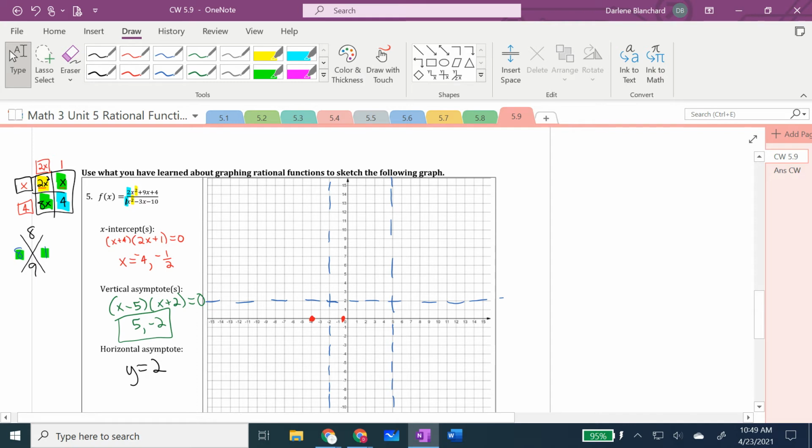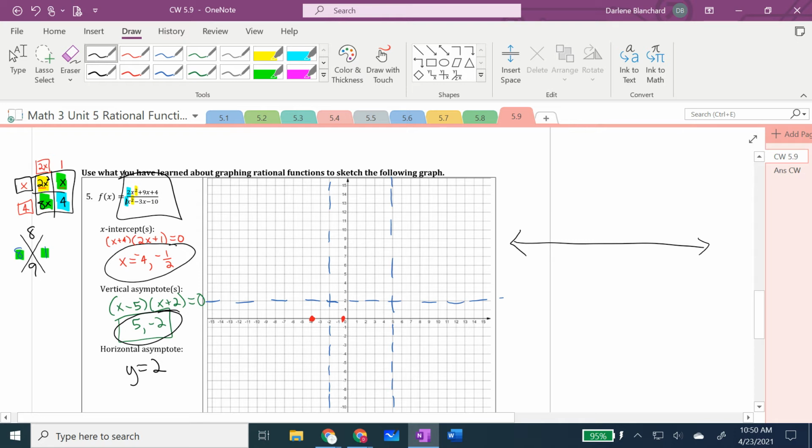So one way of doing that is you can make a number line for this function, a sign line. Anything that is an x-intercept or a vertical asymptote, put those on the number line in order.